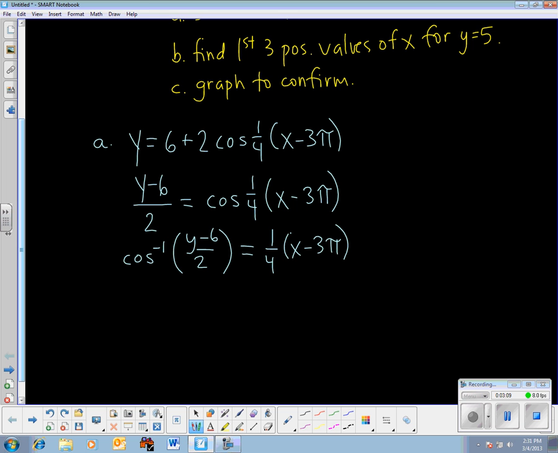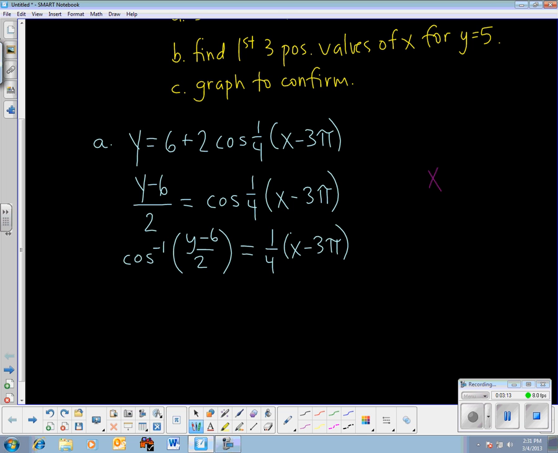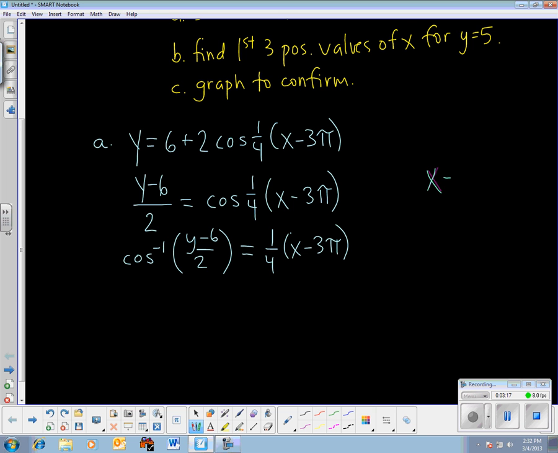Just like in Algebra 1, when you had x minus 2 equals 4, you chose to add 2 to both sides because the operation that undoes subtraction is addition. Same thing here. The operation that undoes cosine is cosine inverse. So we're going to cosine inverse both sides.